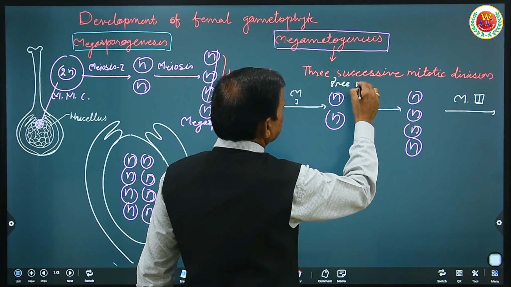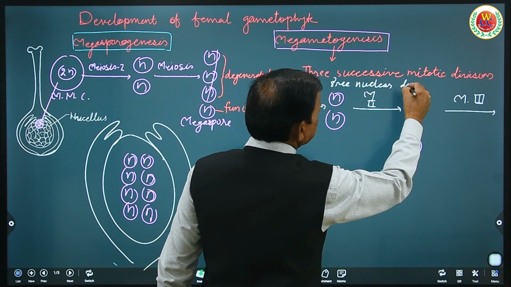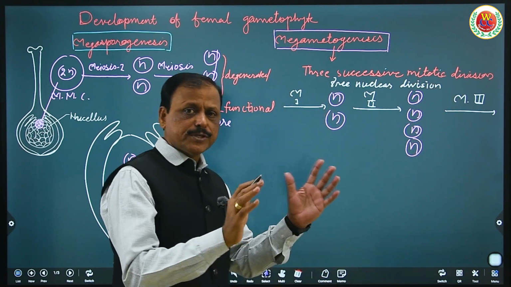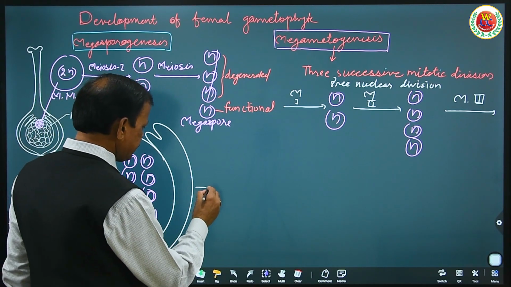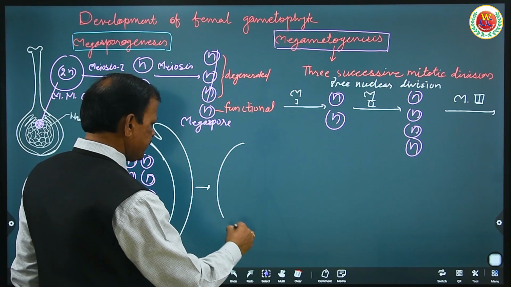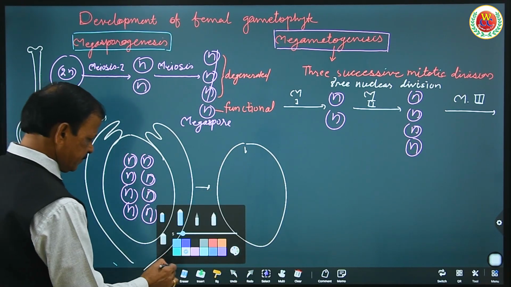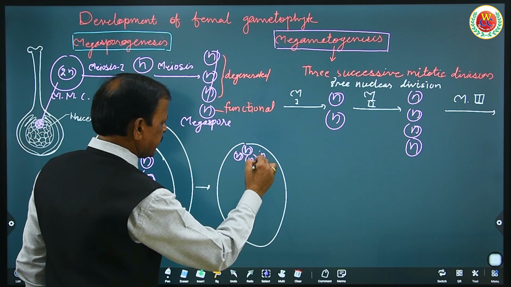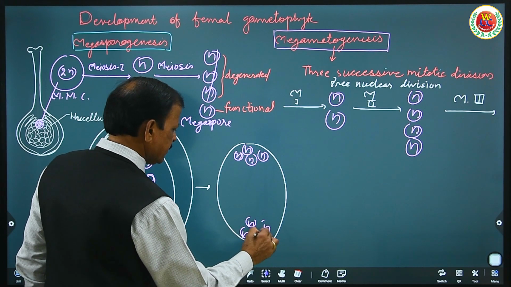Free nuclear division is very important to note, and therefore there is no division of cytoplasm, there is no cell wall formation. So the next step is, out of that 8, 4 move to one pole and the other 4 move to the other pole.